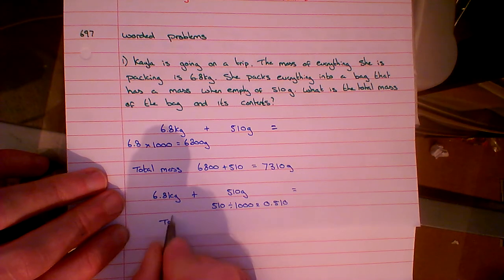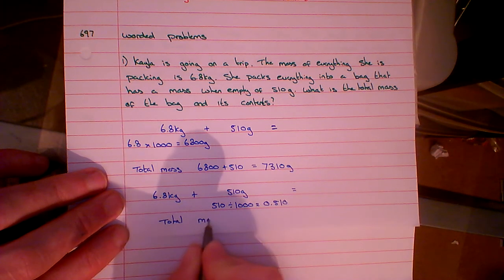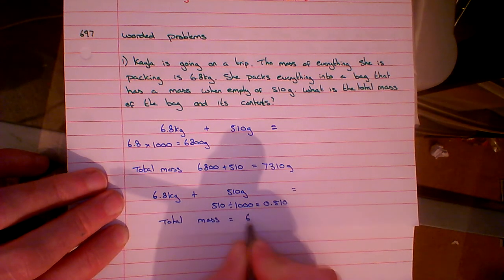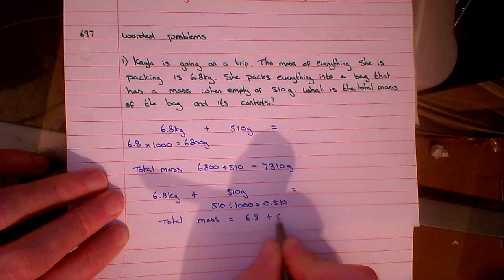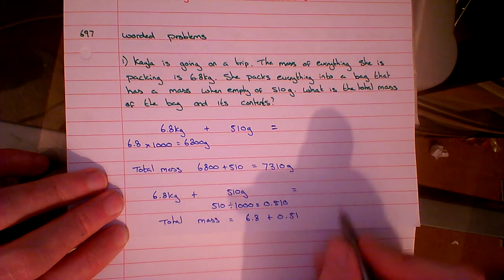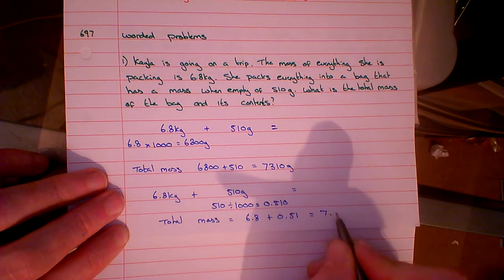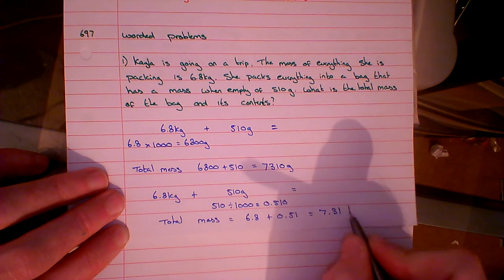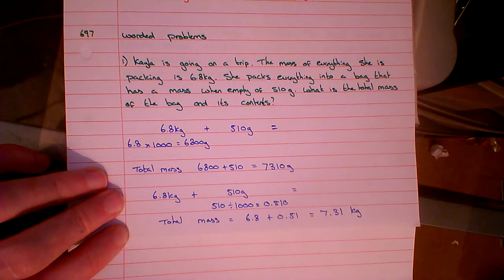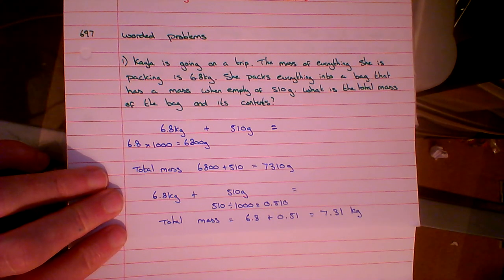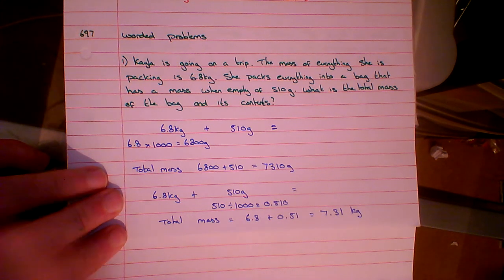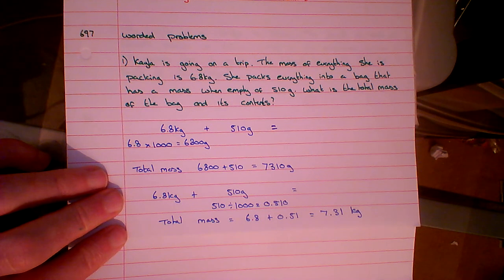So the total mass is 6.8 plus 0.51, which is 7.31 kilograms. And so again, all we're doing is multiplying or dividing by 1,000, but we've then got to add it to the other total that we've got in the question.